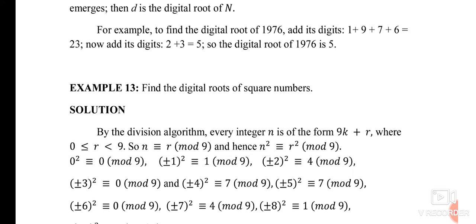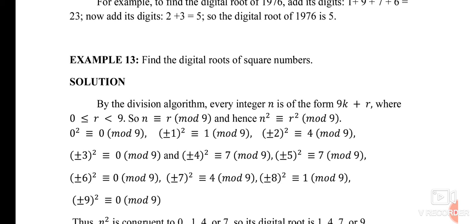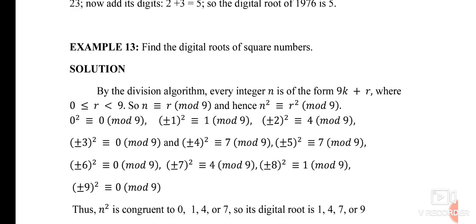Next, example 13: find the digital roots of square numbers. By the division algorithm, every integer n is of the form 9k plus r. Here we divide n by 9, so the quotient is k and r is the remainder.